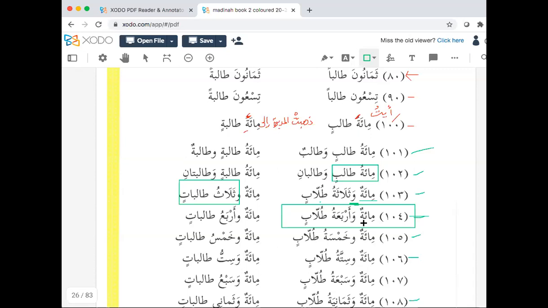Hundreds, like a plural of mi'atun. Yeah, I saw hundreds of people. رأيت مئات من الناس. Okay, so the proper way would be to say mi'atun. أيوة أحسنت. بارك الله فيك. مئة. Exactly. Very short and sharp. مئة. Okay. Yeah. وأربعة طلاب. Exactly. وأربعة طلاب. أحسنت. بارك الله فيك.